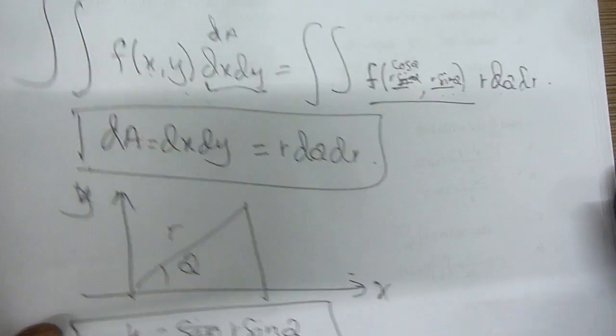I already spent more time here. Suppose I need to go to the triple integral. This is a kind of revision for the 3D part. For the 3D we are going to see one very important logic that I want to emphasize.